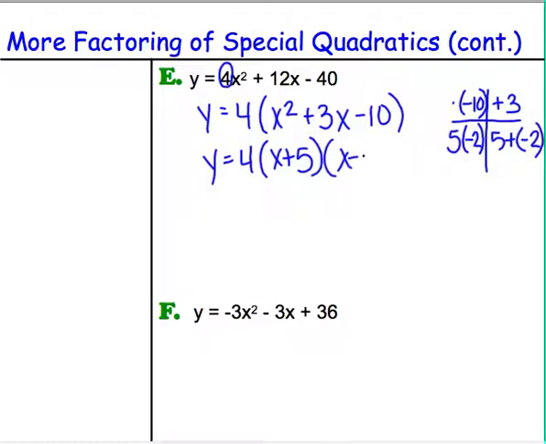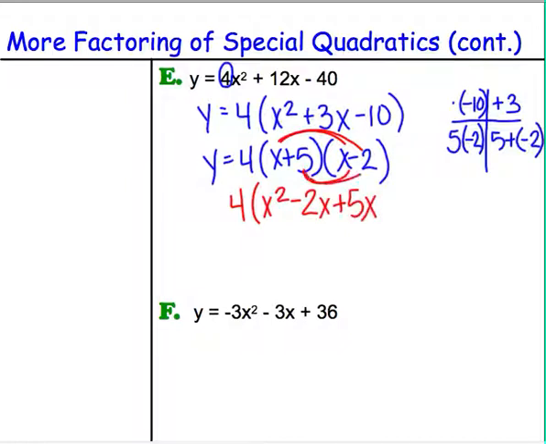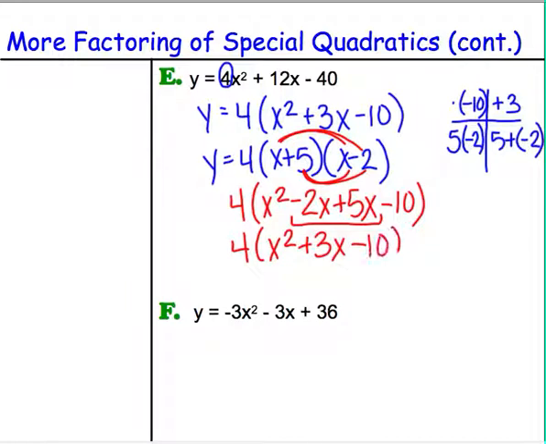times x minus 2. And when I go ahead and check this, x times x is x squared. X times negative 2 is minus 2x. 5 times x is plus 5x. 5 times negative 2 is minus 10. Combine my like terms to get 4 times the quantity x squared plus 3x minus 10.